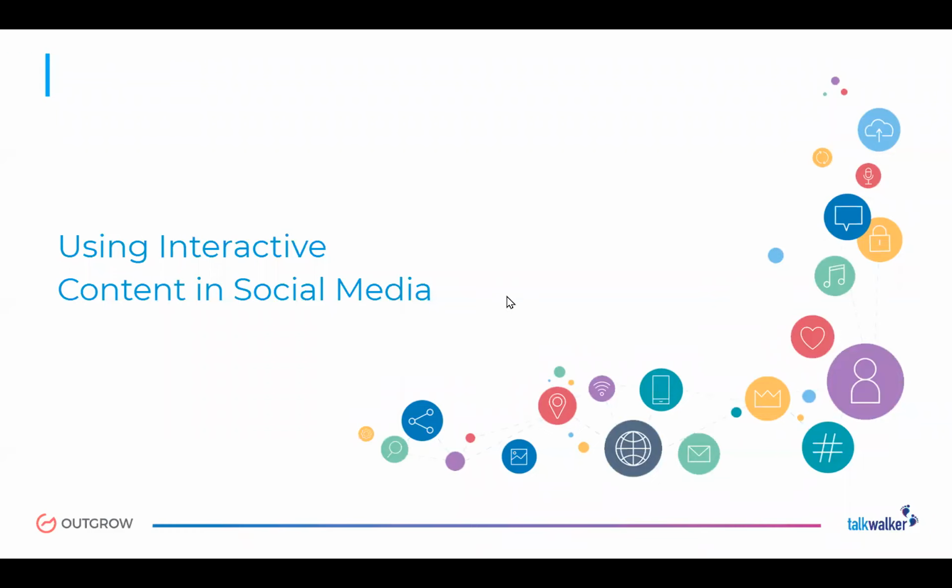Moving on to using interactive content in social media. I'll just pick up where we left off. We have already discussed how interactive content can help you solve those problems. Now, let me discuss how you can use interactive content on certain social media platforms that you might already use, without using any tool, without making any commitments.